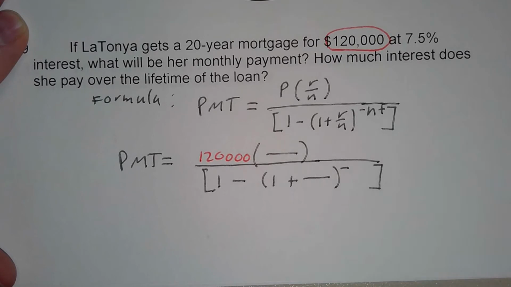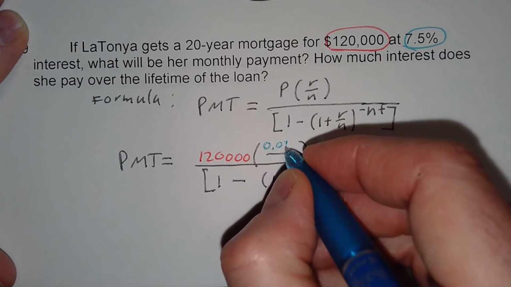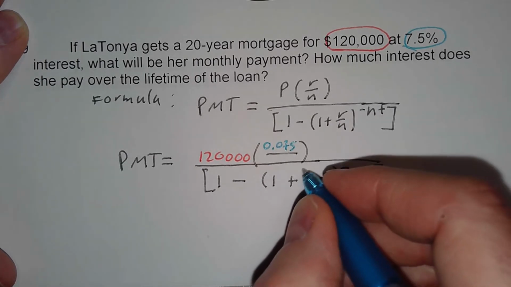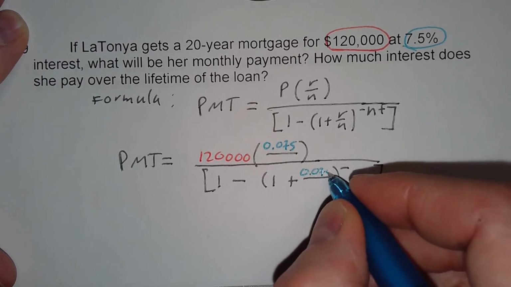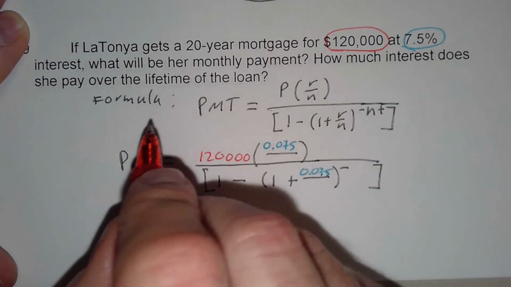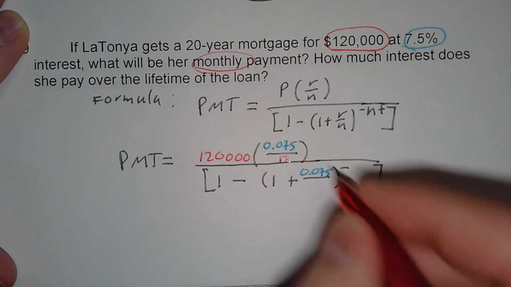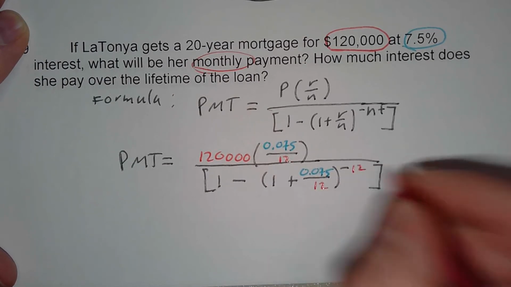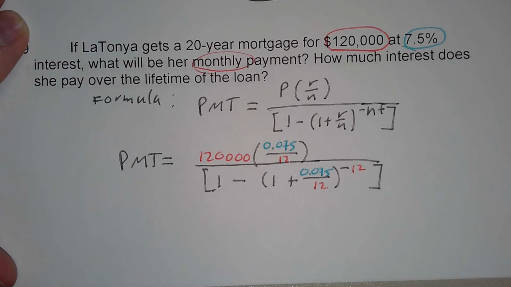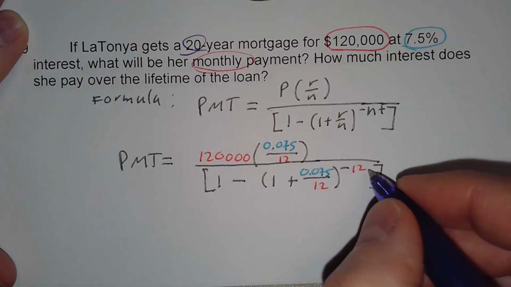R here is 7.5%, so write that as 0.075. We're talking about monthly payments, so N is 12. And our mortgage here is a 20-year mortgage.